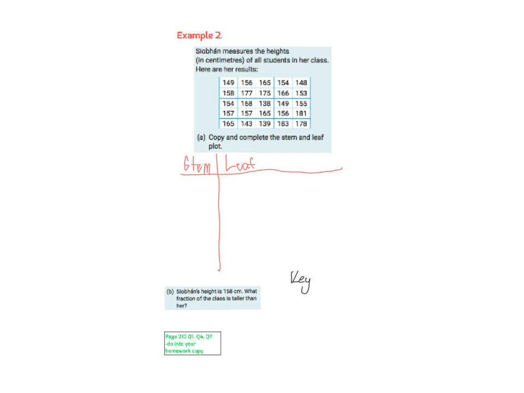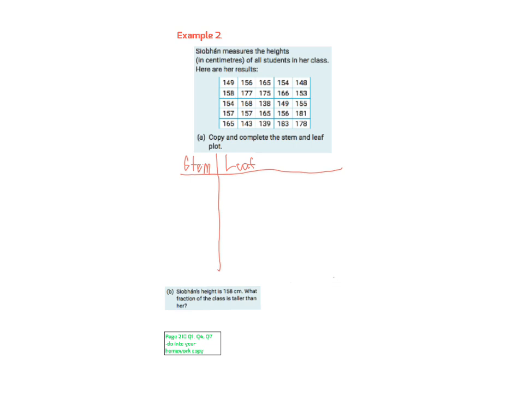If I look at the first value of that table, 149 centimeters, the way that I would write that is I would separate out how many sets of 10 are in 149. So there's 14. So it'd be 1, 4, then a line down, 9. Sorry, I'm going to write that a bit neater.